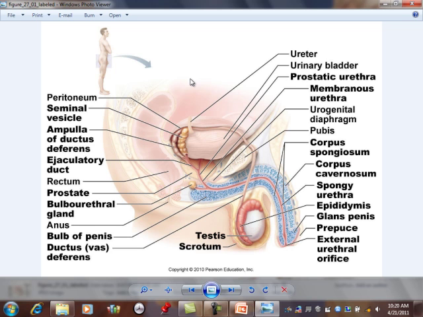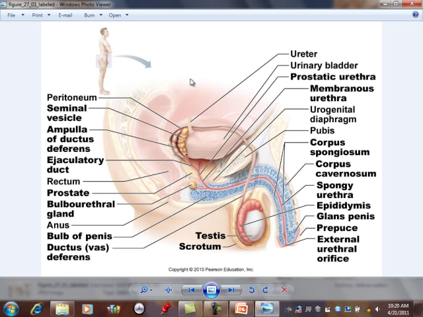So we're going to talk about the anatomy of the male's reproductive system first, and we're going to talk about where these cells are produced. Now, the male's reproductive system is different from female's reproductive system. The gametes that are produced in males are actually, believe it or not, produced outside the male's body. Why is that?